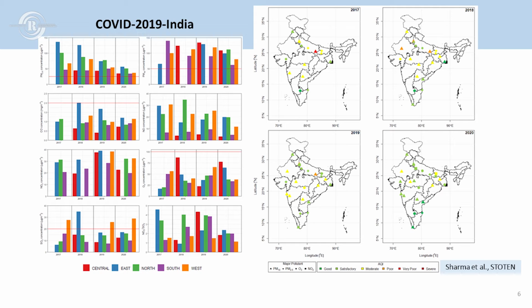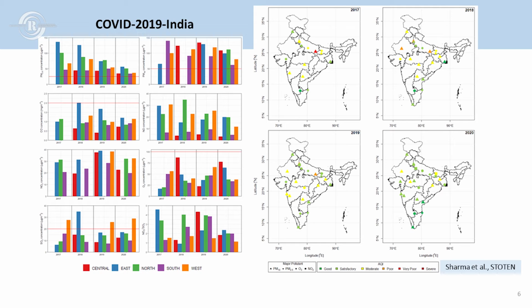We can see that compared to the previous 3 years, 2017, 2018, and 2019, the pollutant concentrations in different regions of India all reduced, including PM2.5, CO, NO2, and SO2.